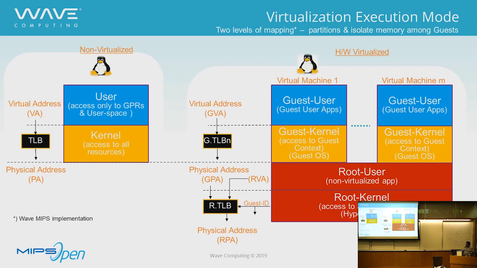So I'm going from multi-threading to virtualization. Now, these are very different concepts. On the left side is a non-virtualized environment. You have a Linux kernel and a user space, and the kernel is privileged.